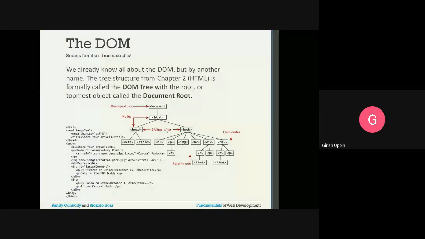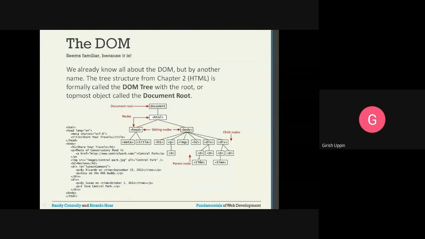So for example, under HTML, these two are the child nodes that are present, which are at the same level. Those are called sibling nodes. This is the example of sibling nodes. Meta and title are sibling nodes. Here all these are sibling nodes. So when we traverse from top to the bottom, we encounter the child nodes.